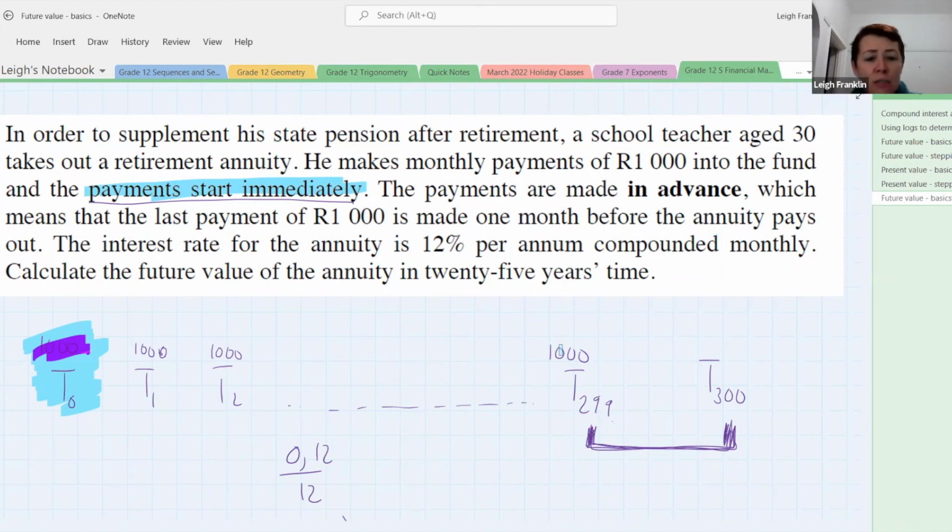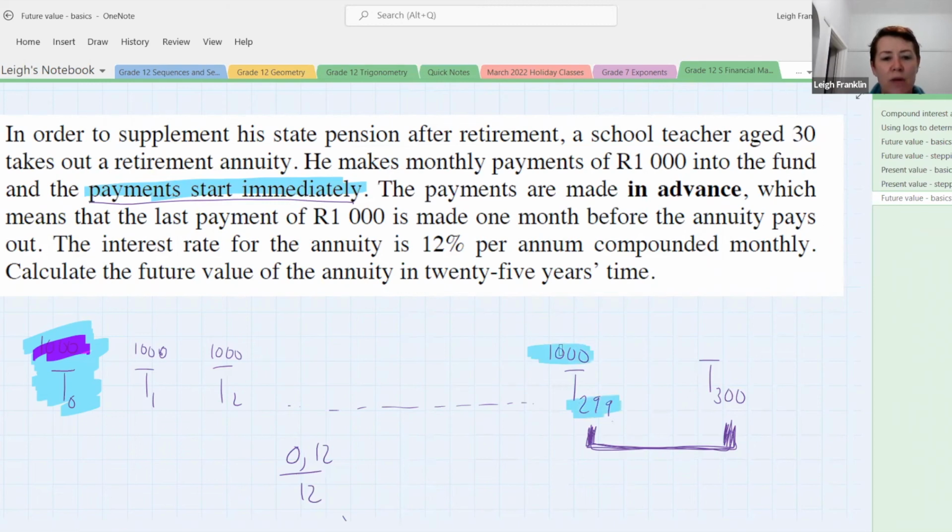But his last payment is made 1 month before the annuity pays out. In other words, he is going to make 300 payments, but because he starts immediately at T0, his last payment of 1,000 Rand happens at T299.